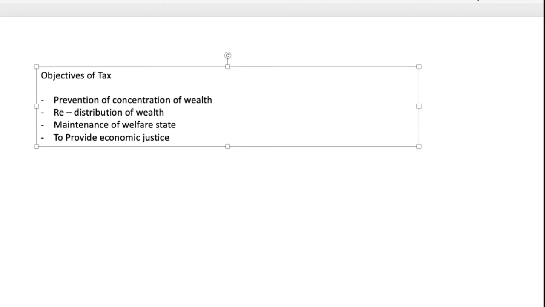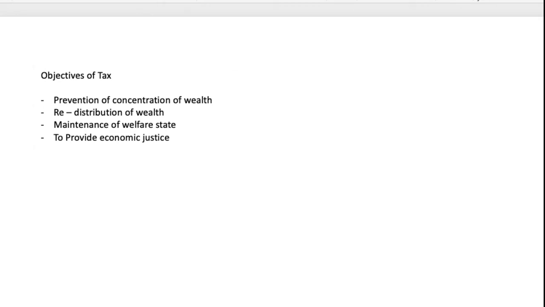There are different exponents who explained about tax. So what are the principles said by Adam Smith?